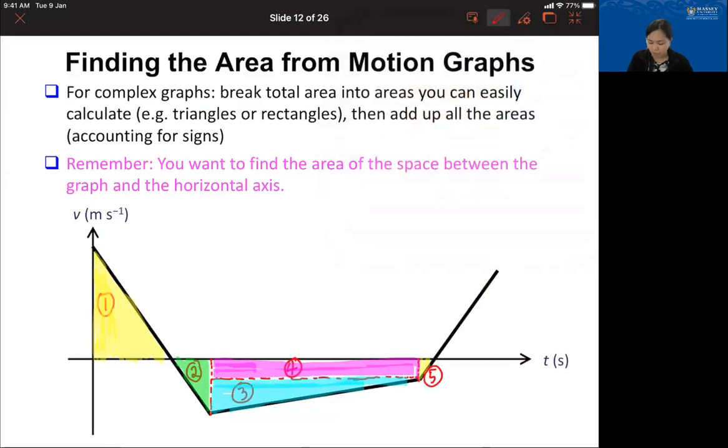So this irregularly shaped space between the graph and the horizontal axis can be broken down into a series of triangles and rectangles whose areas you can easily calculate from the equation.